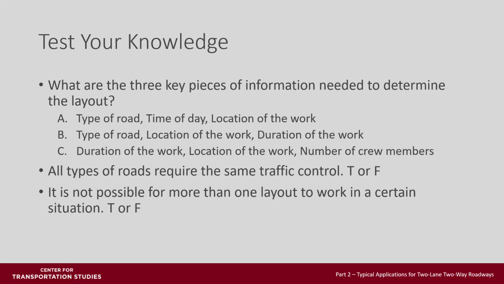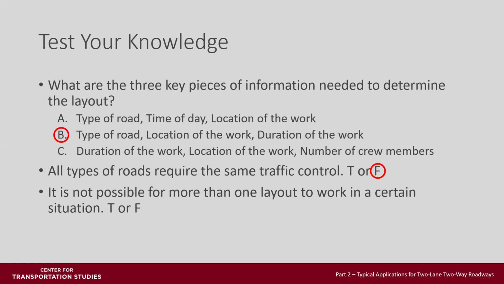Let's take a break and talk a little bit about what we've talked about. What are the 3 key pieces of information needed to determine which layout? Type of roadway, location of the work, and the duration of the work. All types of roads require the same type of traffic control. That's false.